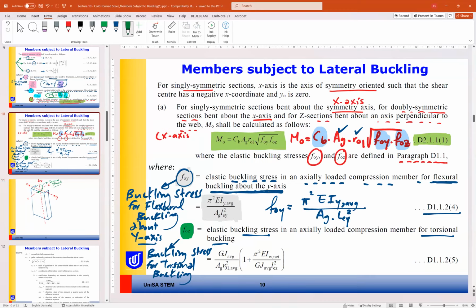The definition of this buckling stress is using this formula here.